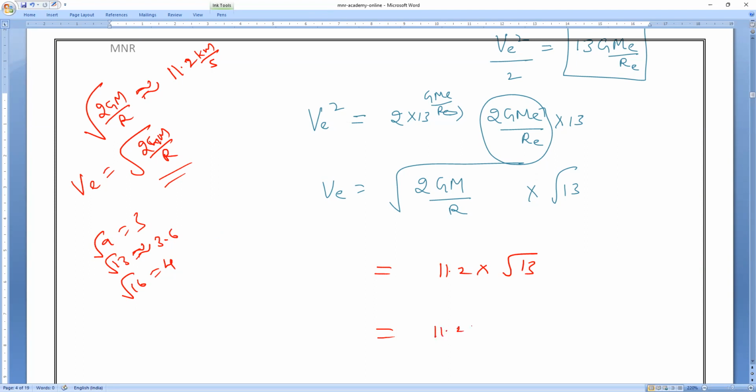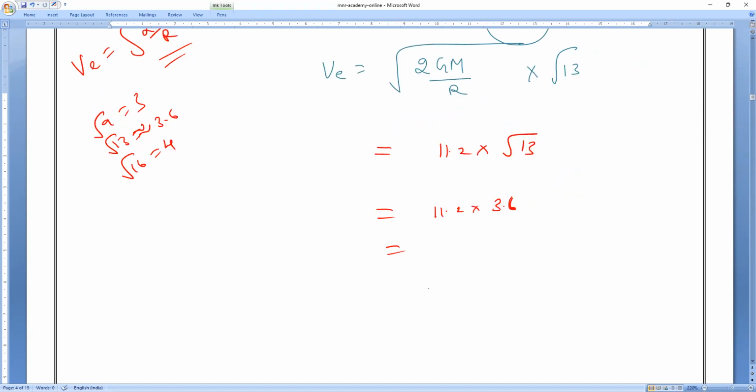So 11.2 into 3.6, how much is the answer? If I multiply it, I'll get approximately 40.38 kilometer per second.